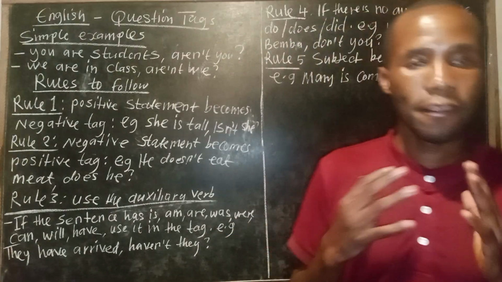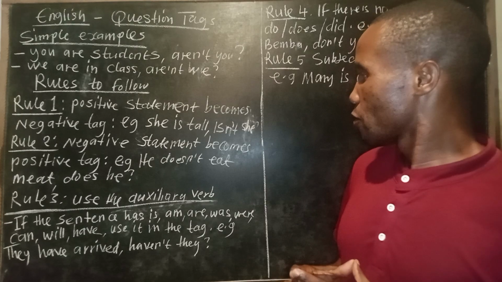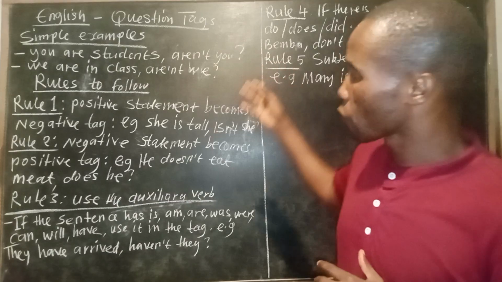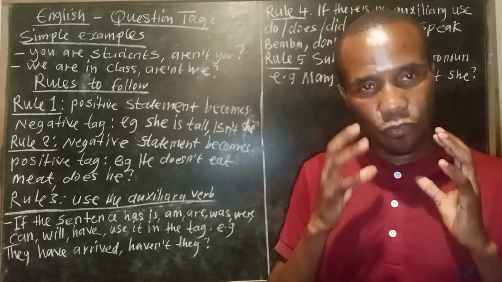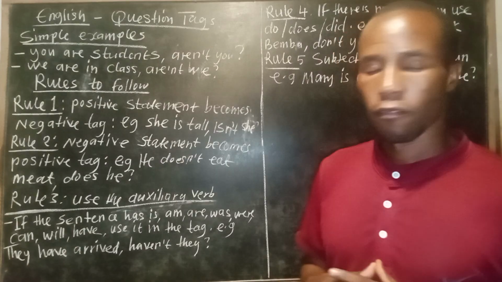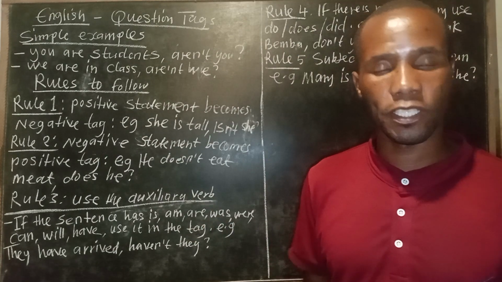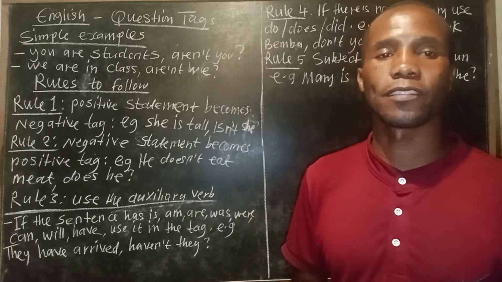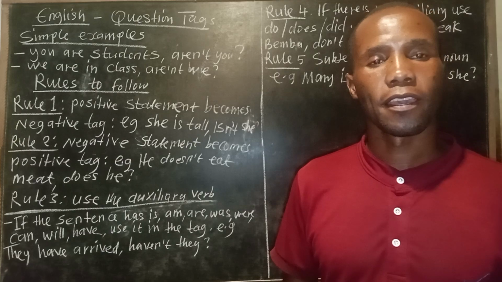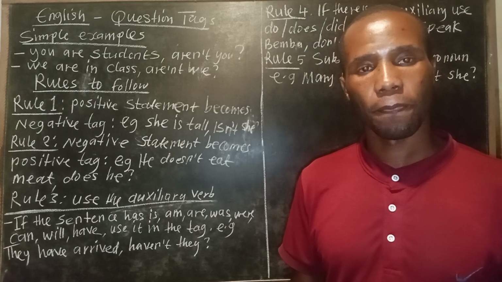Then we go to rule number three. Use the auxiliary verb. That simply means when you are dealing with question tags, we should always use the auxiliary verb. So what is an auxiliary verb? Before I go further, you need to understand what it is. The auxiliary verb is the helping verb, okay?